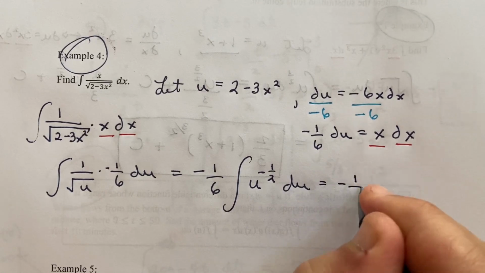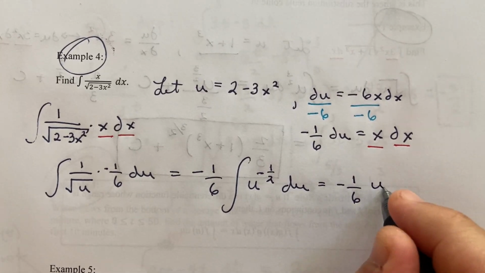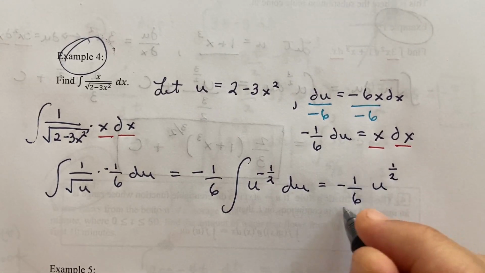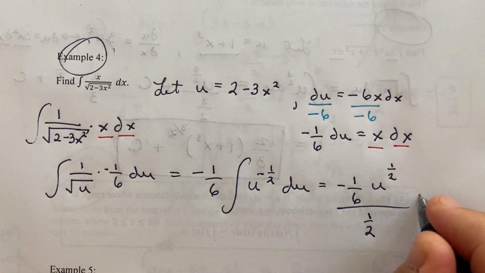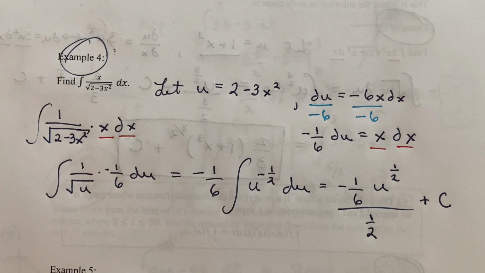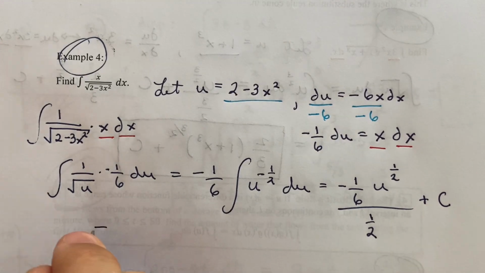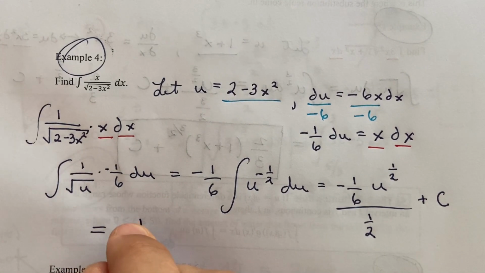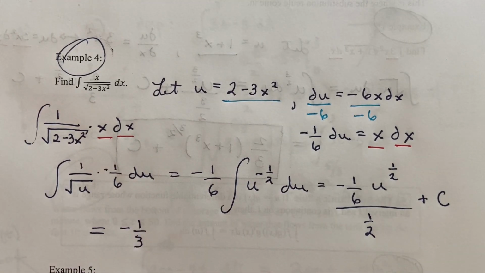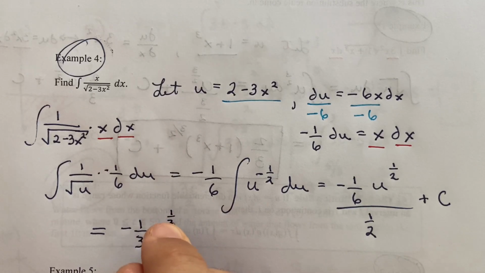So I'll have -1/6 u to the 1/2 divided by 1/2 plus c. And then eventually I'll need to go back to x's, of course, but let's simplify this. So 1/6 divided by 1/2, this would be -1/3 u to the 1/2 plus c.